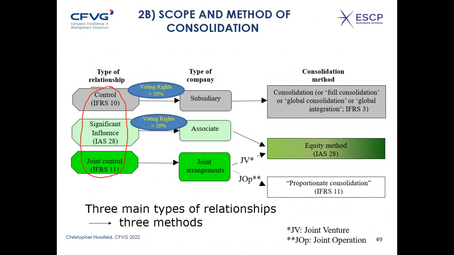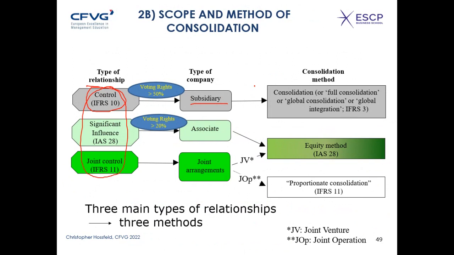Okay, relationship number 1, the one that we mentioned already in the previous slide, it's a controlling relationship. So the parent company controls the other company, the investee company. Therefore, the investee company will be called a subsidiary. Subsidiaries are within the scope of consolidation. So yes, I need to consolidate subsidiaries.